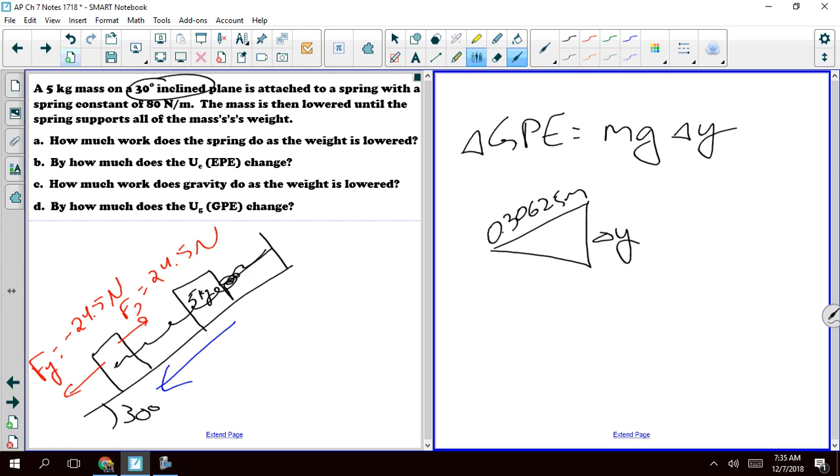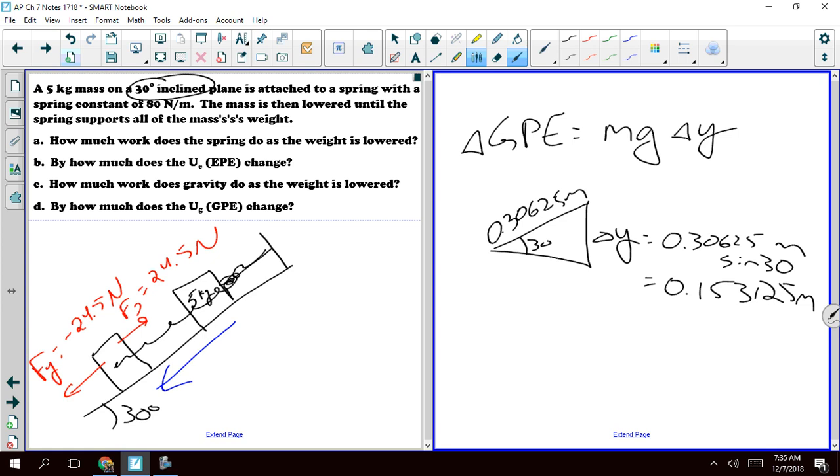This is our change in y. And that looks like, if this is 30 degrees, 0.30625 sine of 30, which is 0.153125. Why am I keeping so many sig digs?